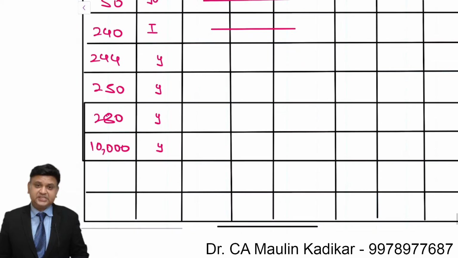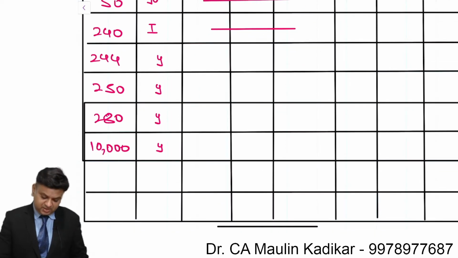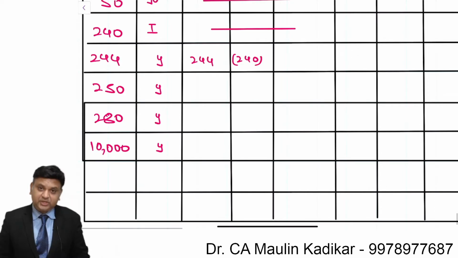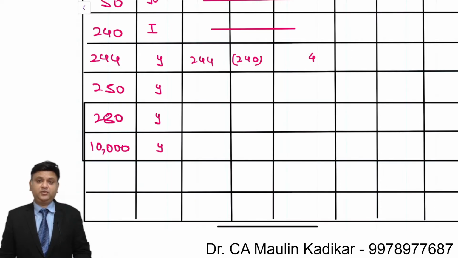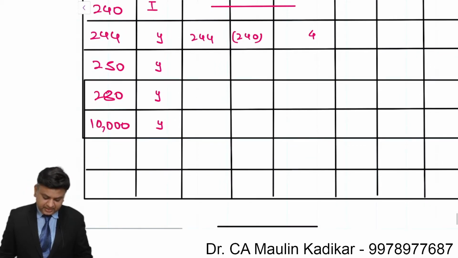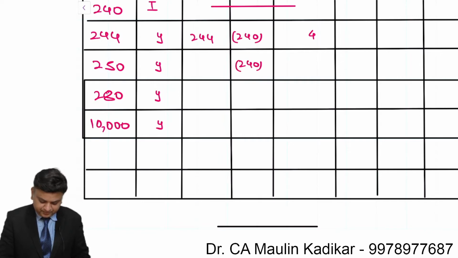If the spot price exceeds the exercise price, you will exercise your right, in which you buy the security at 240 and sell the same at 244. So you will receive a payoff of 4 rupees. The price is 250: again you purchase at 240 and sell at 250, so you receive a payoff of 10.